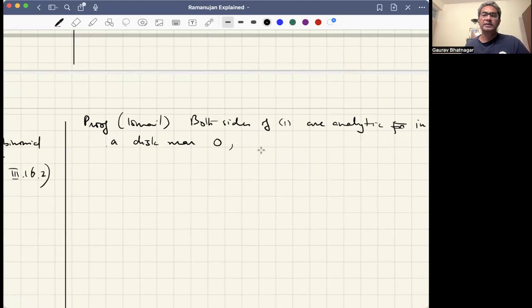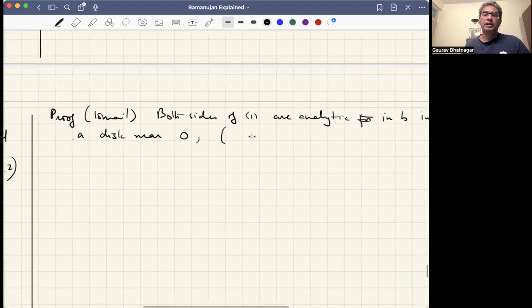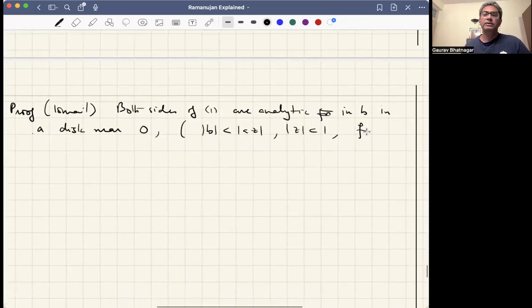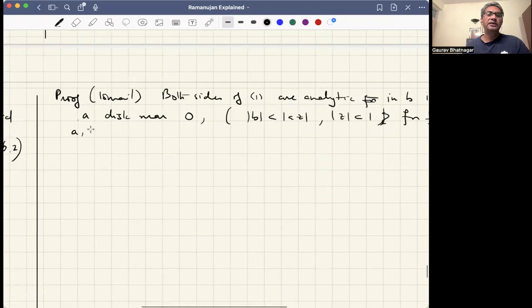So in an open set near zero, because |b| was less than |az|, provided this is happening, for fixed a and z suitably chosen.